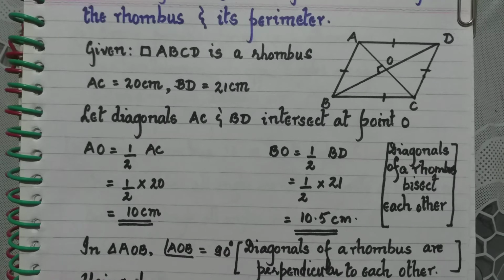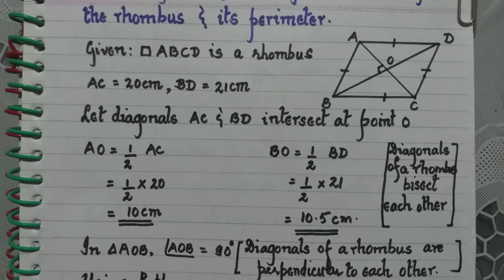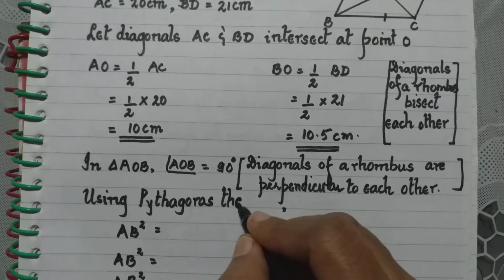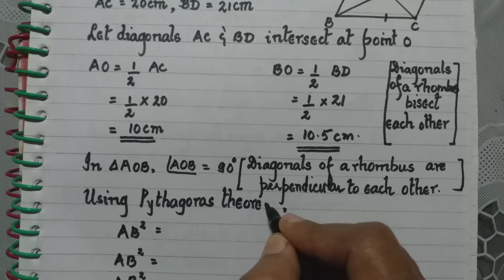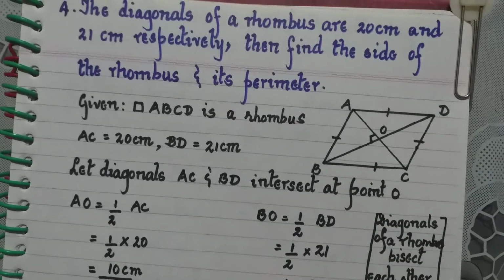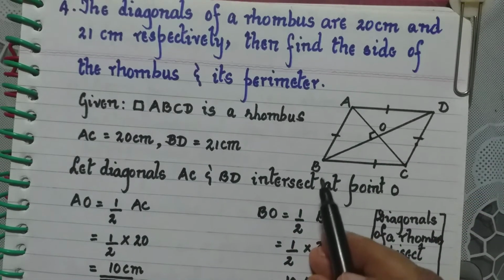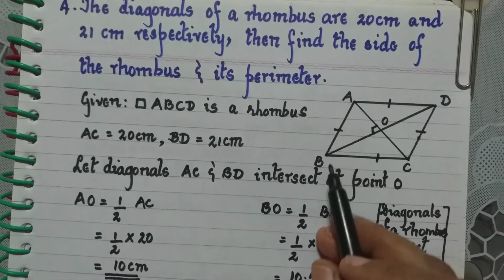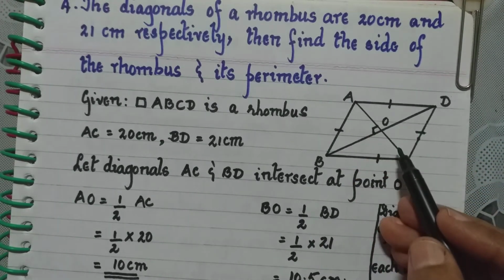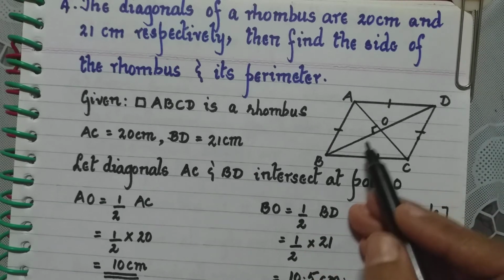So using Pythagoras theorem, we have here, look at the figure, the side opposite to the right angle is AB, which is the hypotenuse. So AB square equal to AO square plus OB square.